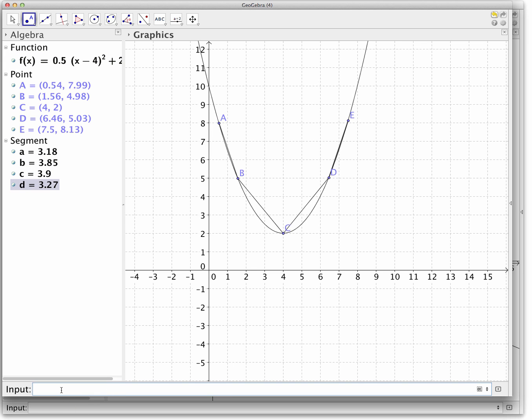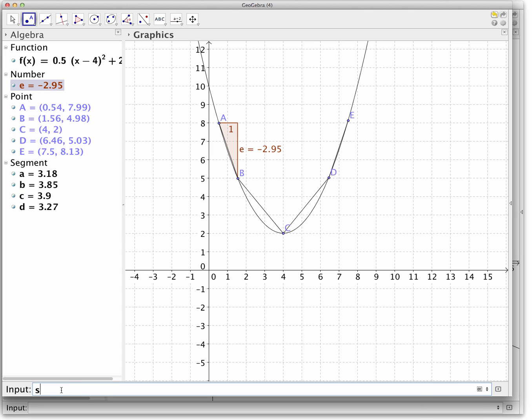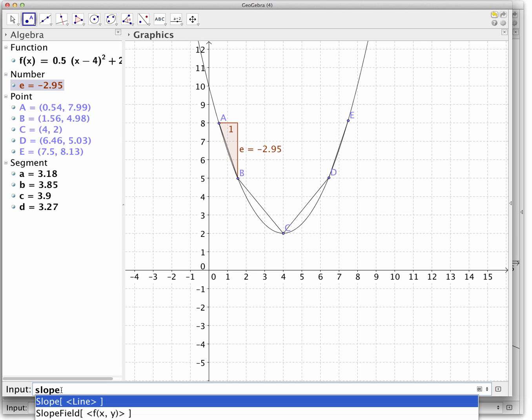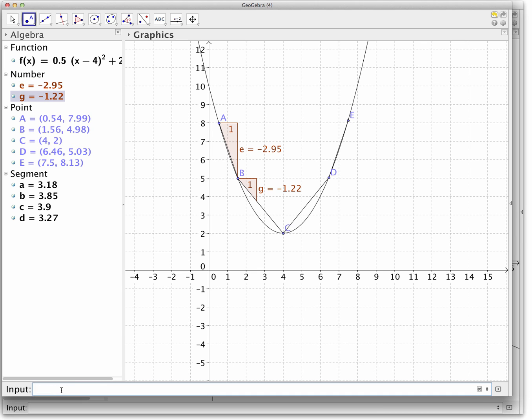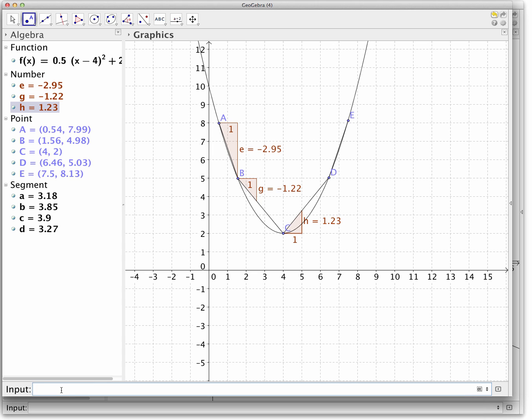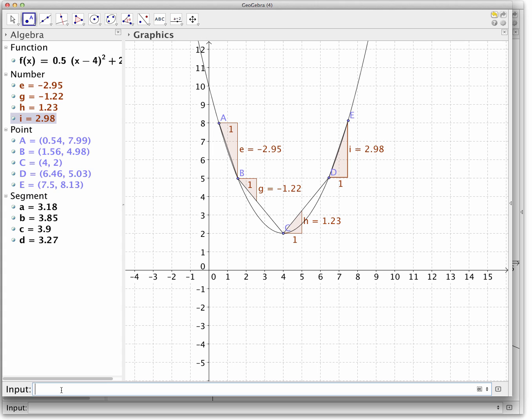And I want to look at the rate of change, or the slope, of those lines. So I'm going to do slope of a, little a, because that's the first segment. Then the slope of b, slope of c, slope of d. Okay, so what's going on here?